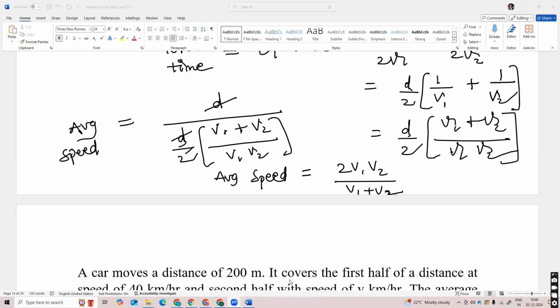Have you understood this one, or do you have any question or any doubt? Please type yes or no so I can move further.